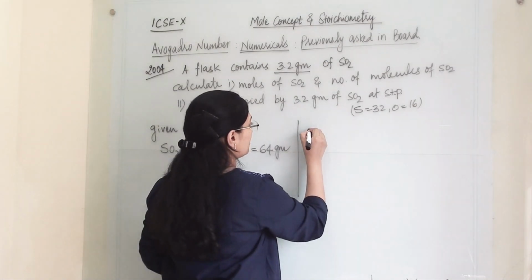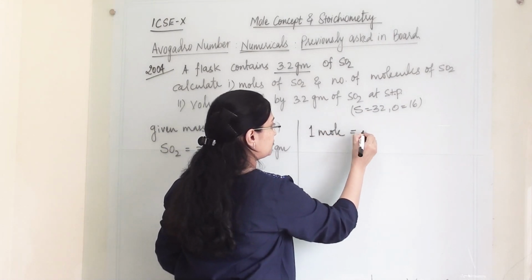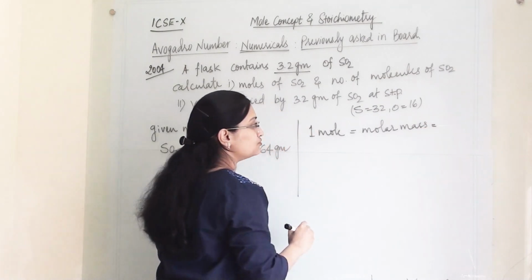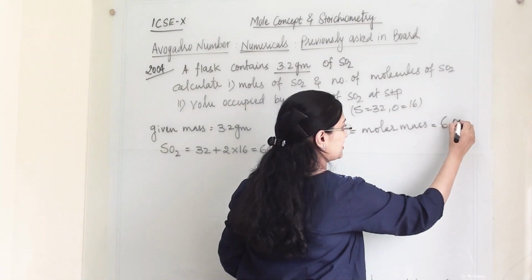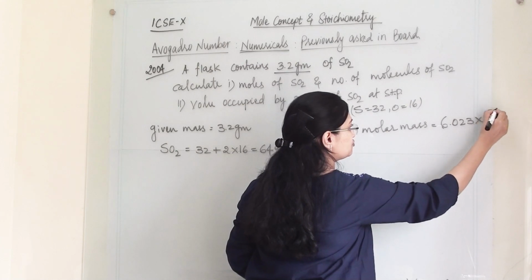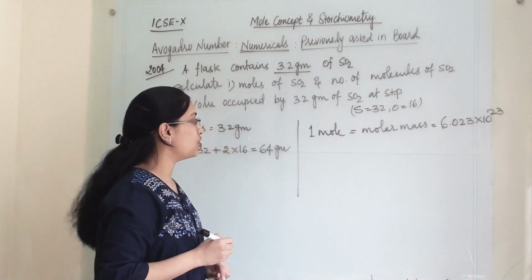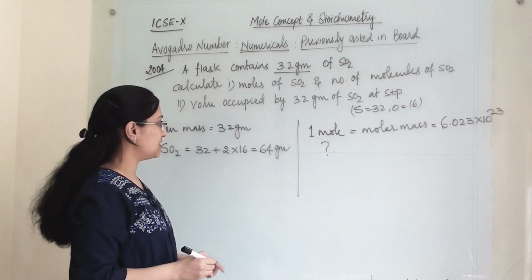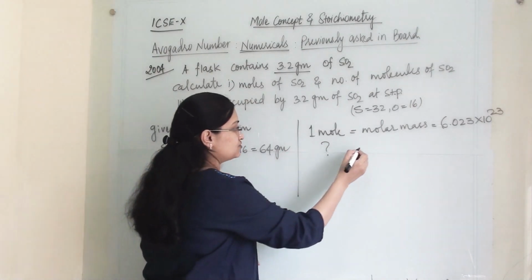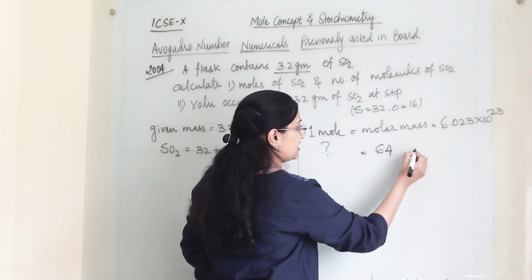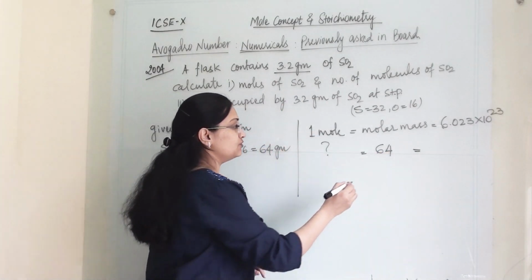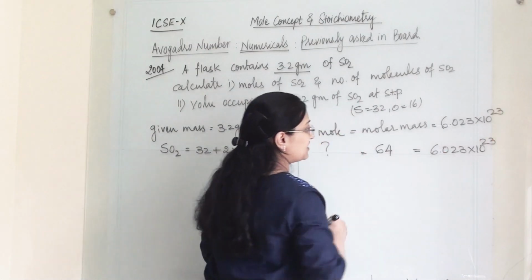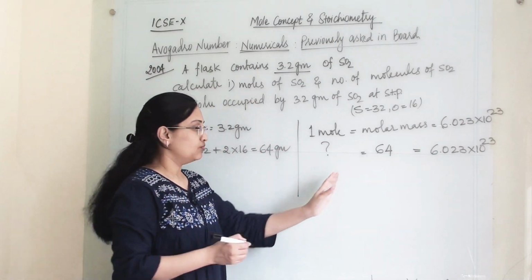Here 1 mole equals its molar mass and equals how many molecules? 6.023 into 10 raised to 23 atoms or molecules will be there. So here we have to find out the mole, so we put a question mark. Molar mass we have, that is 64, and the number of molecules we know is 6.023 into 10 raised to 23. Now first we will calculate for molar mass.